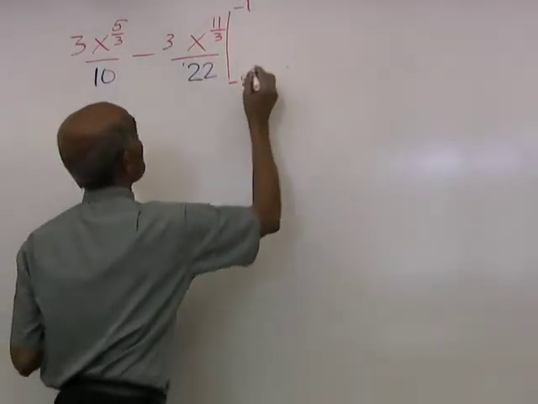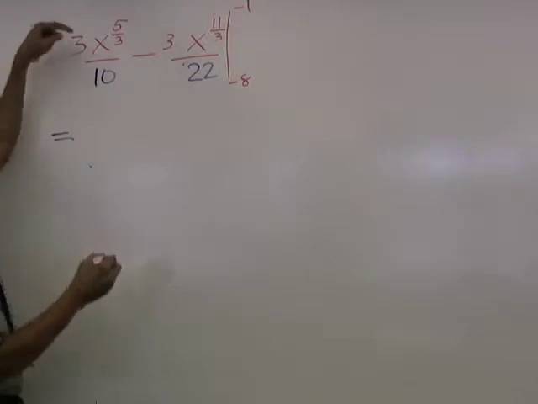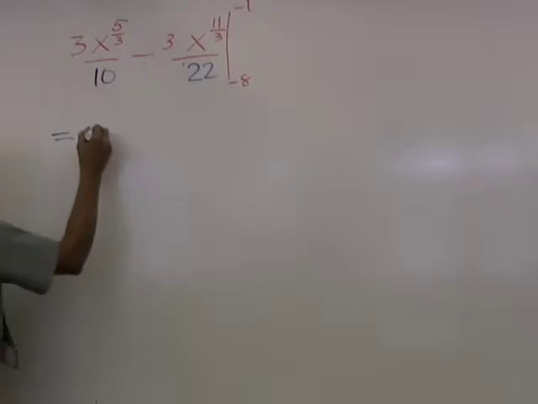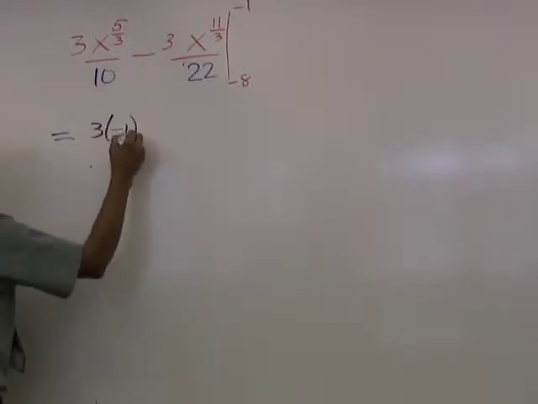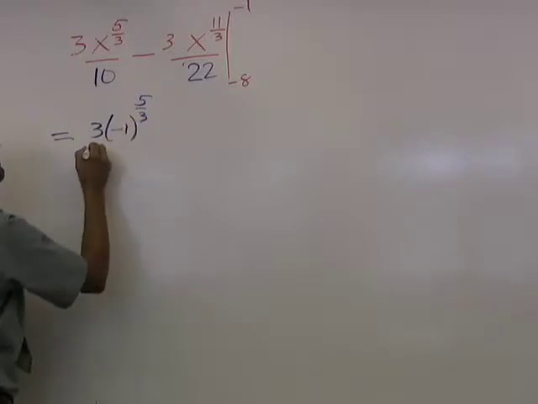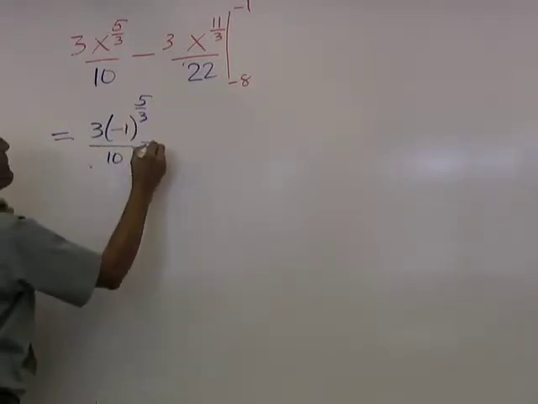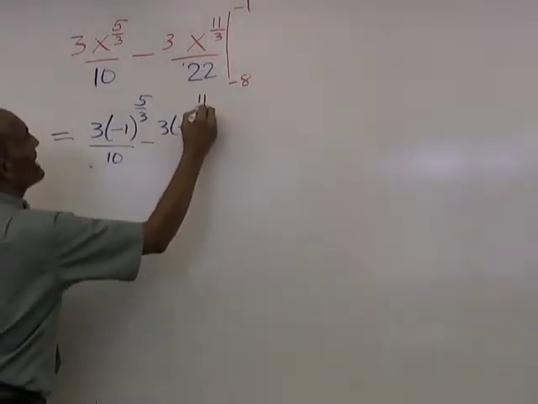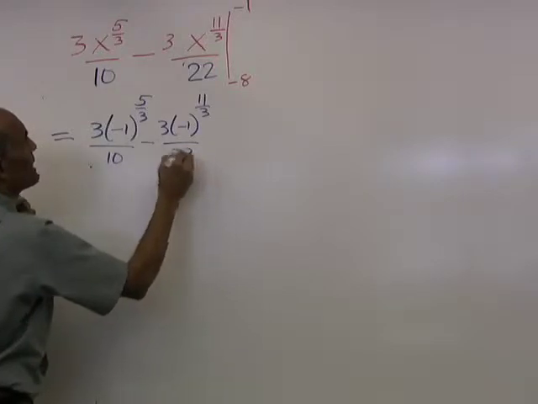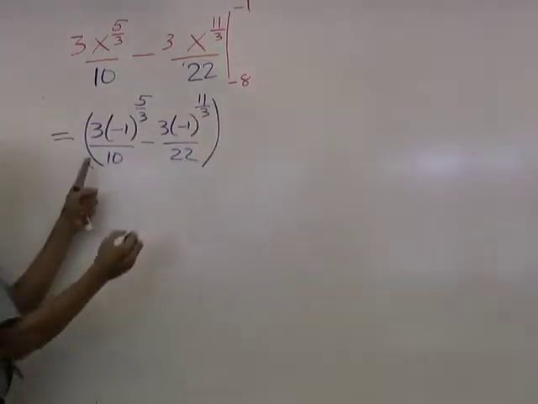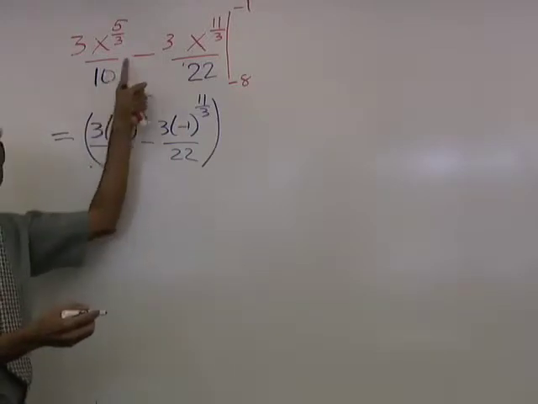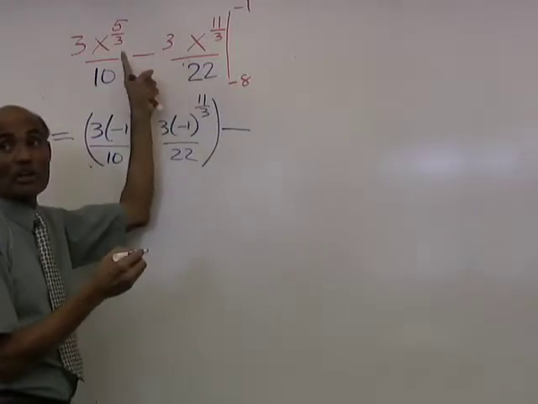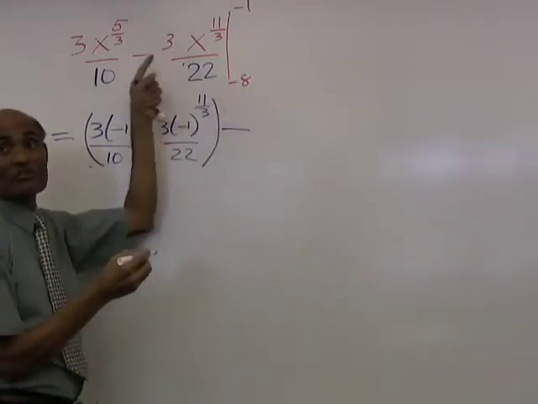So what we do is first replace x by the upper limit. Replace x by -1. So that will be 3 times -1 to the power of 5 thirds over 10 minus 3 times -1 to the power of 11 over 3 divided by 22. This is the upper limit. We now need to subtract by replacing x by the lower limit, and the lower limit is -8.